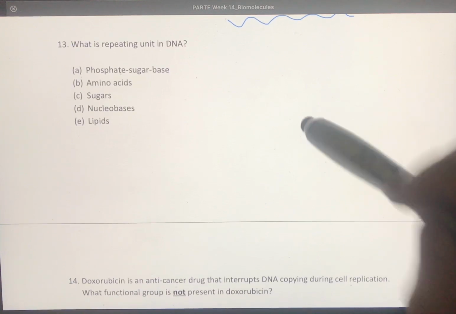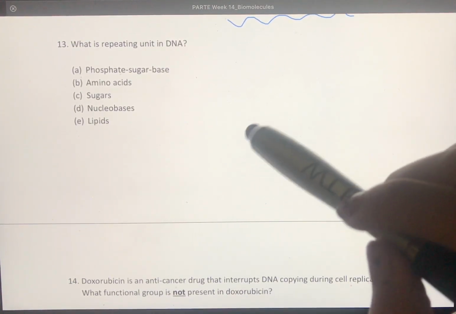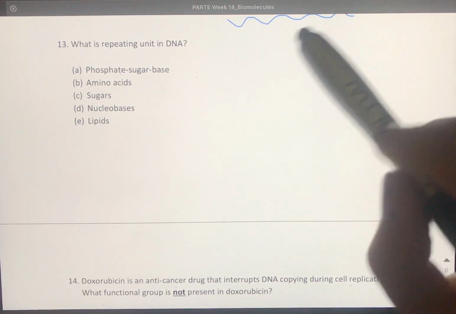So now we'll talk about what is the repeating unit of DNA. If you'll remember back from the polymers, this is just a knowledge-based question too.